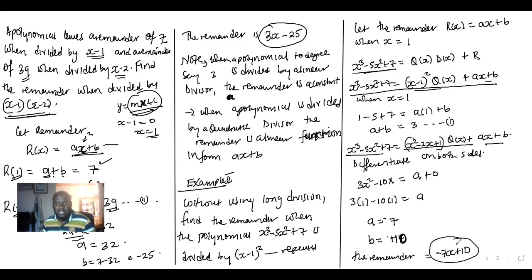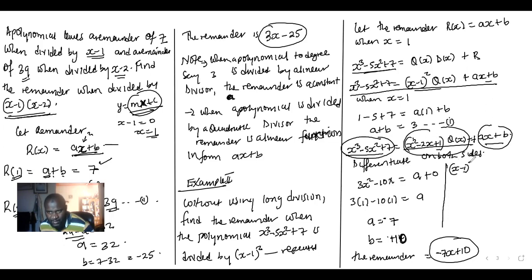The reason why I had to look at both sides is because when you differentiate both sides, you differentiate this one, these two, and also this one. When you differentiate these two, it was x minus 1 squared.